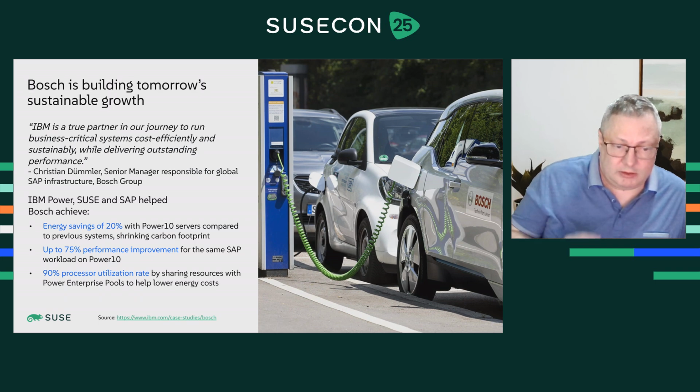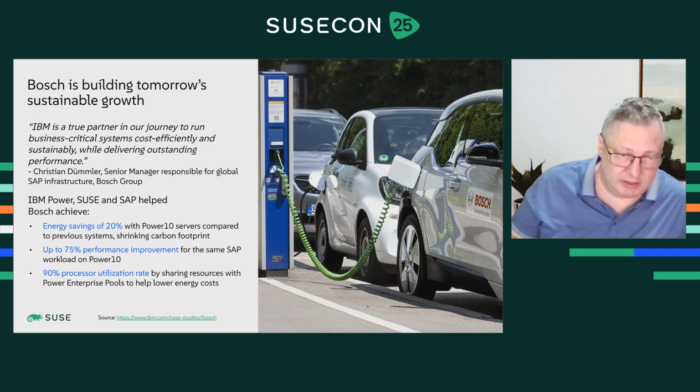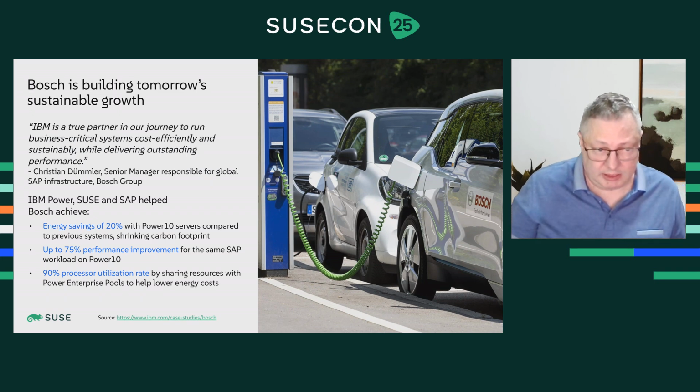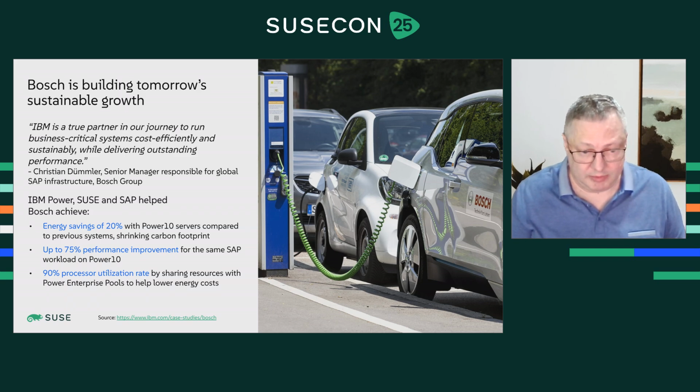So I encourage you to click on that link and look at the case study. And we have many other case studies available on ibm.com/case-studies. I encourage you to check. Just go there and type in SUSE and SAP, and you'll see many solutions popping up.